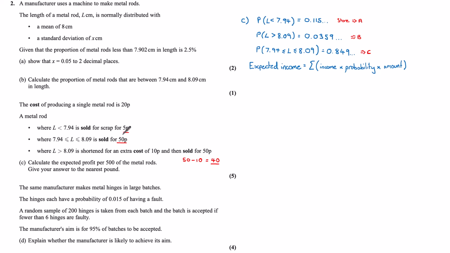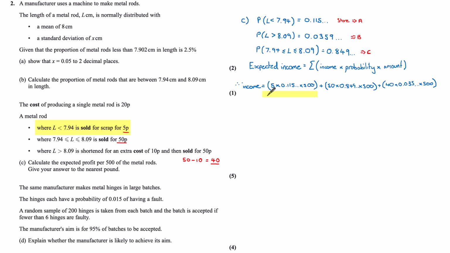So when it's less than 7.94, we get 5p. If it's between 7.94 and 8.09, we get 50. And for this final case here, if it is greater than 8.09, it costs us 10p to shorten it, but then we can sell it for 50. So our income for these lengths would be 40.